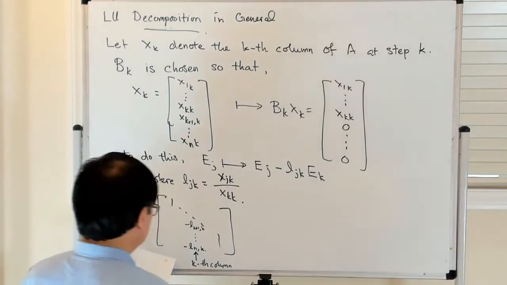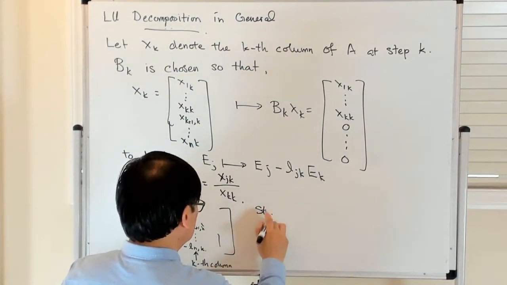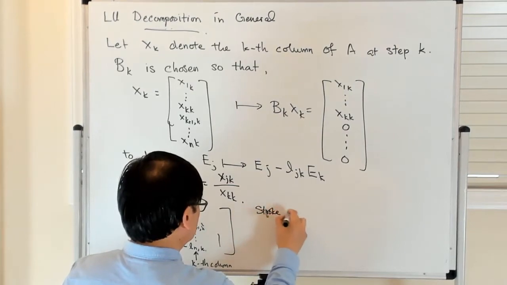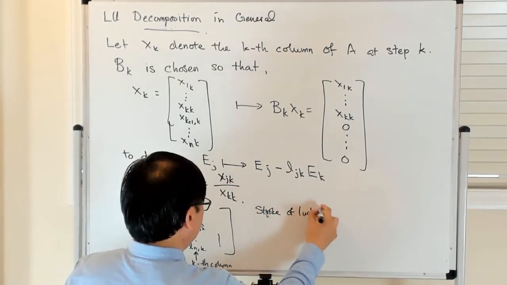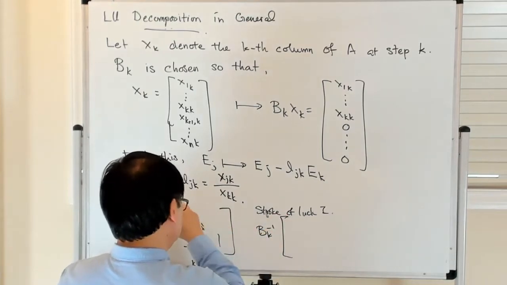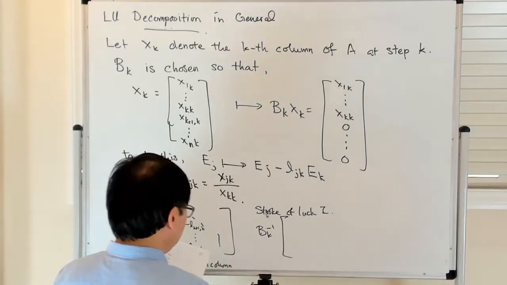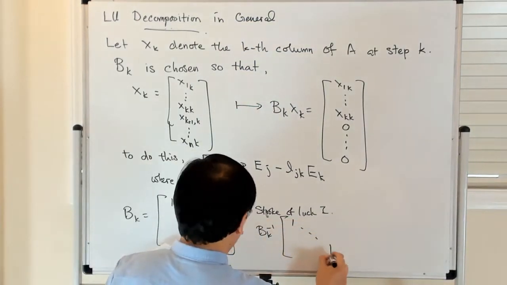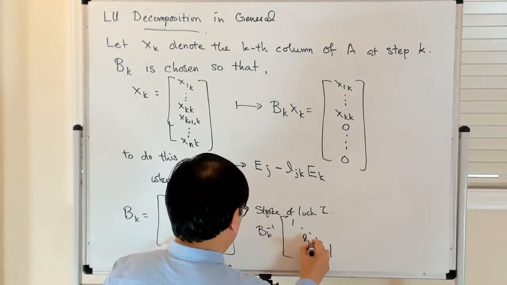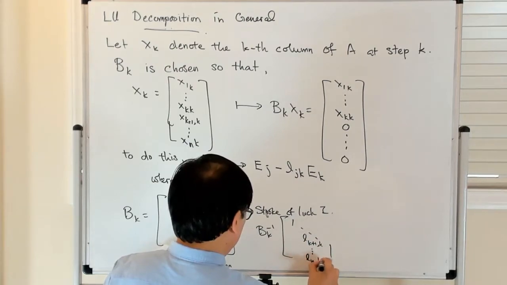If we recall, we had this stroke of luck, if you will, that the inverse, Bk inverse, is essentially the same matrix, except that this subdiagonal column has the signs changed. So it's a bunch of 1s, and then you have L k plus 1 comma k all the way down to Lnk.